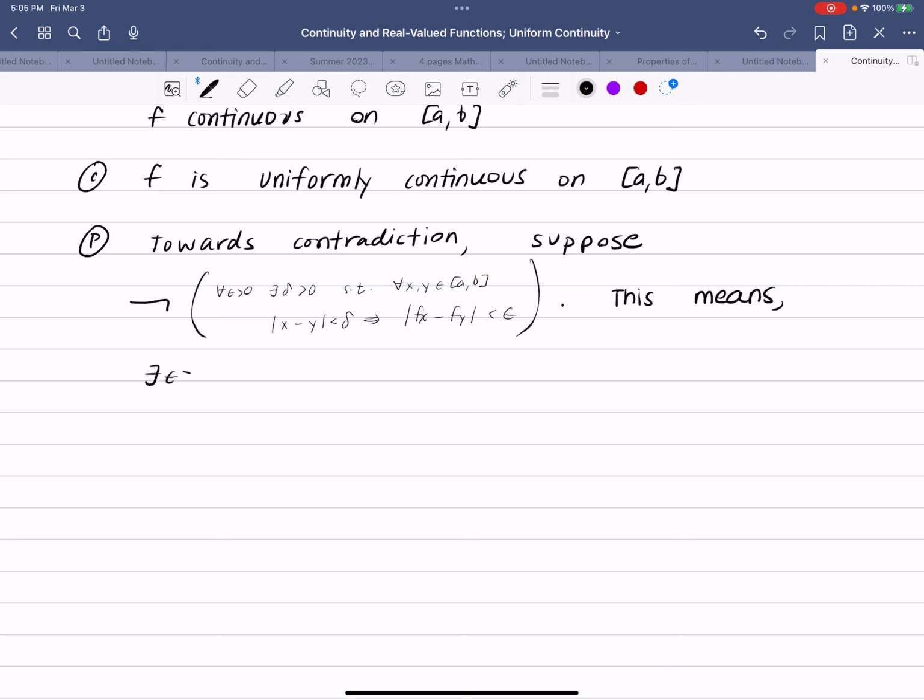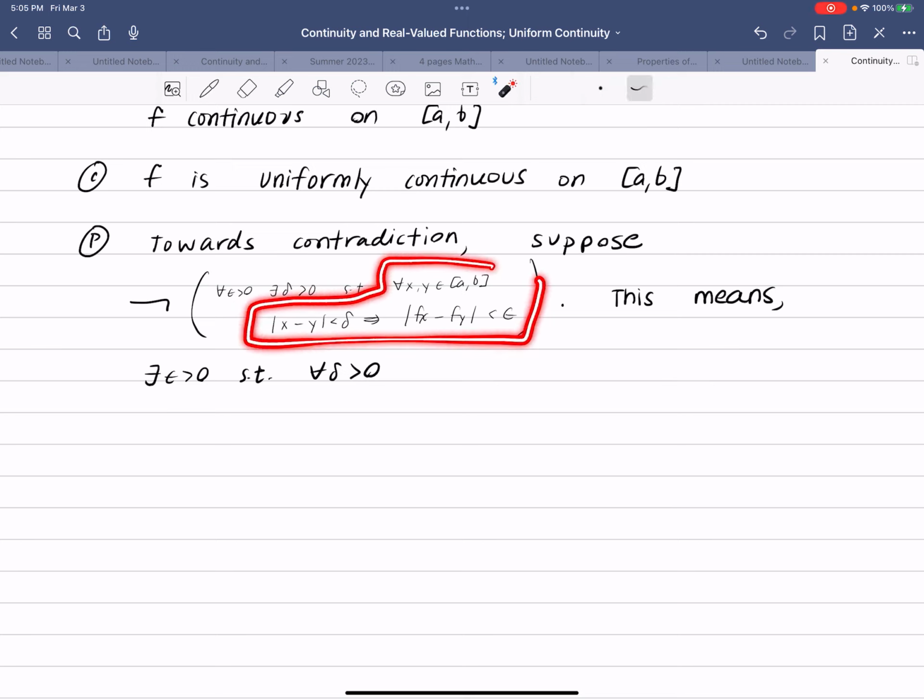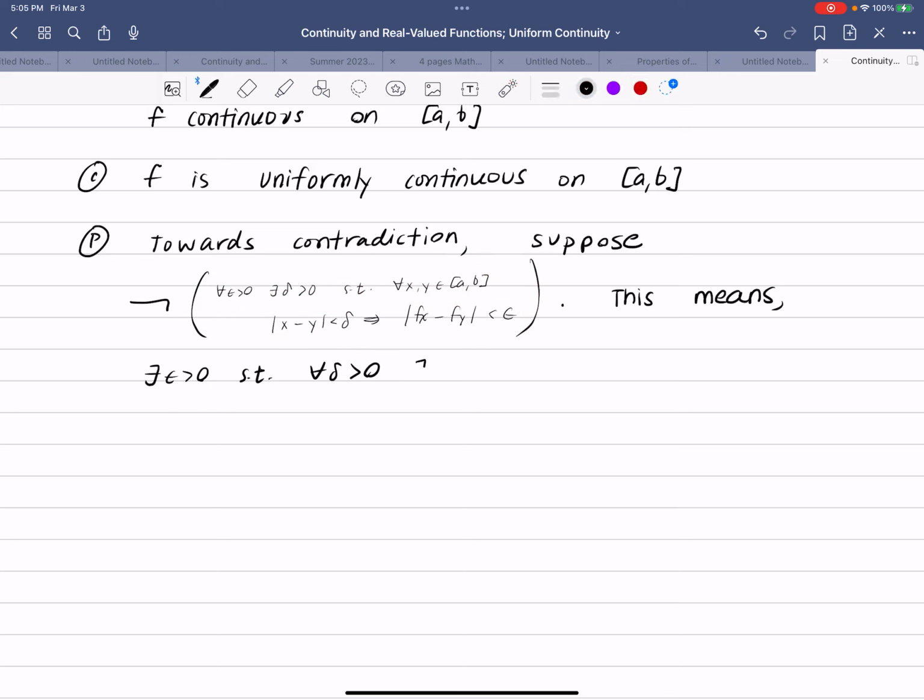So there exists epsilon greater than 0 such that for every delta greater than 0, now what is the negation of for every x and y in here? This implies that. Well, there exists x and y. I'm going to say the x and y depend on delta. So x is going to be a function of delta. And there exists y. Y is going to be a function of delta. So x of delta belongs to AB.